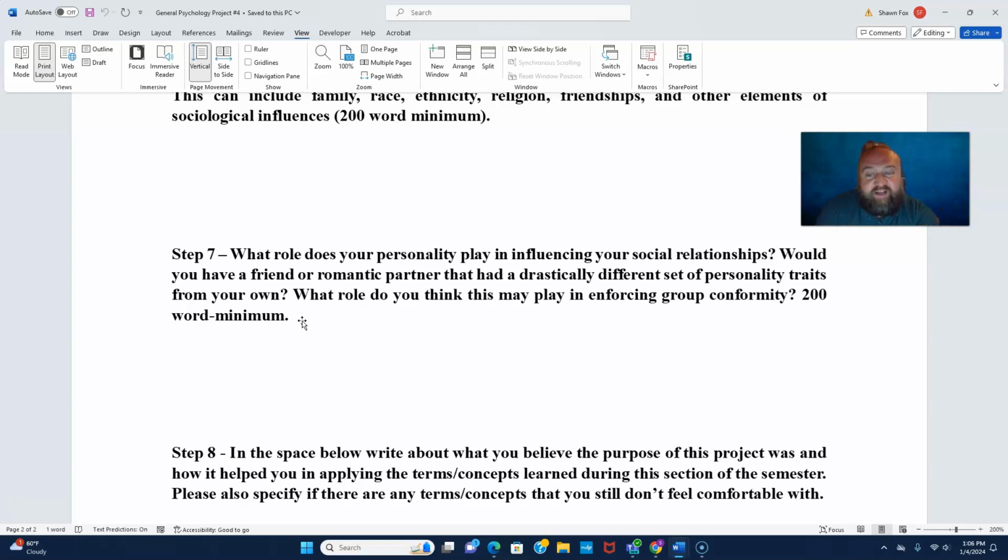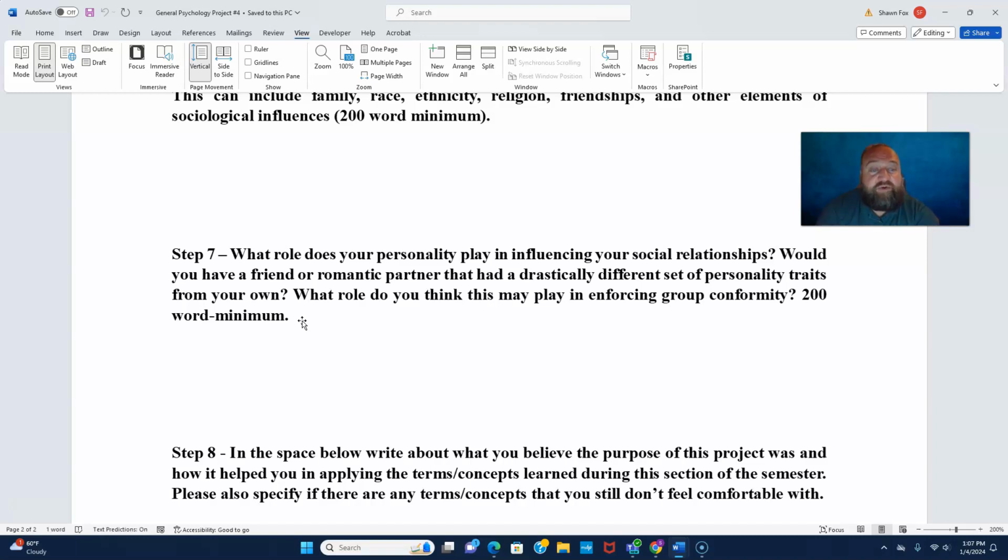Would you have a friend or a romantic partner that had a drastically different set of personality traits from your own? They say opposites attract, but is it true? And if it's true, does it last? What role do you think this may play in enforcing group conformity? So this is the interesting part, right?